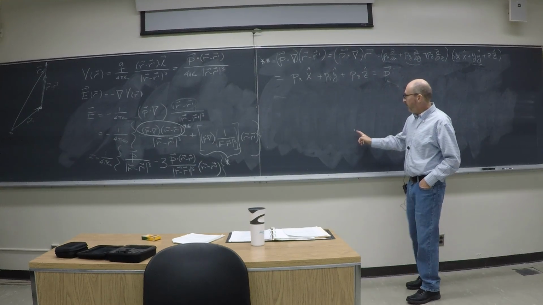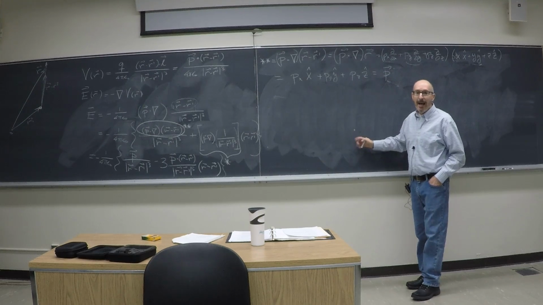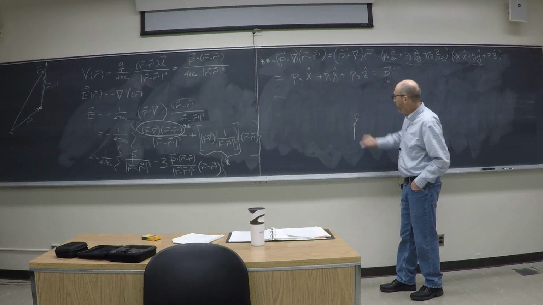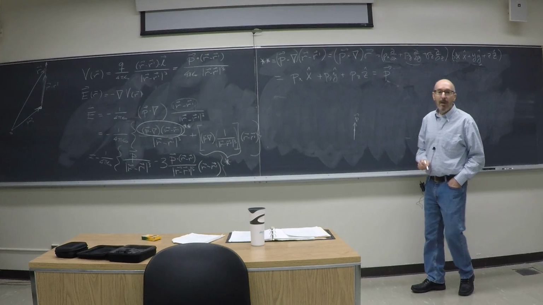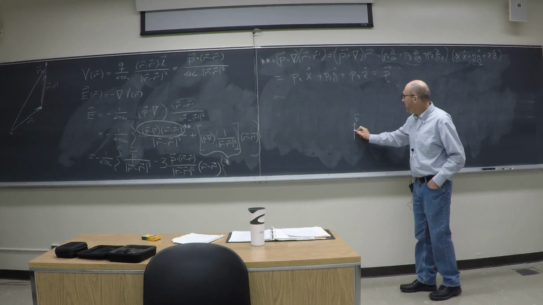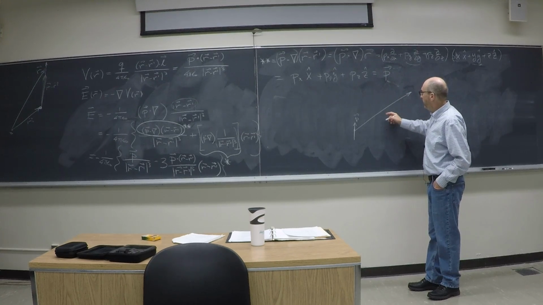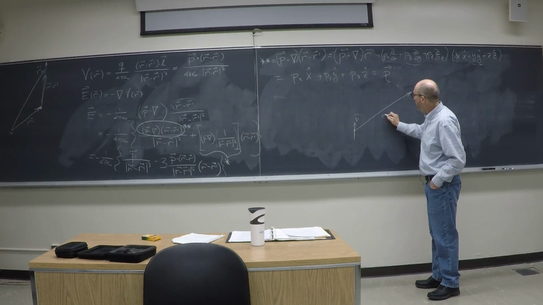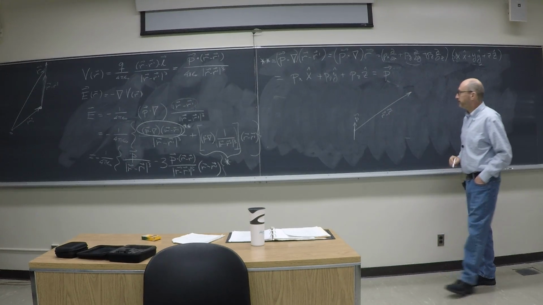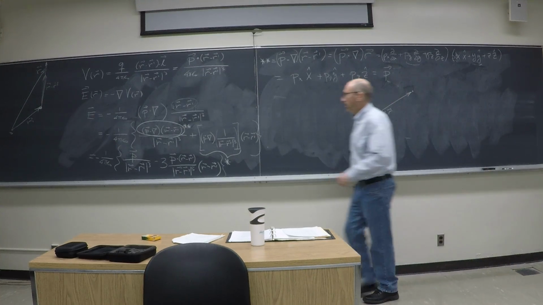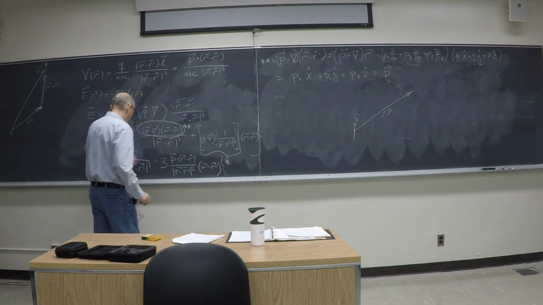Let's say that that is where my dipole is. Okay? And let's say that I'm going to exaggerate. Let me draw the dipole moment like that. Okay? And now I'm going to make an observation somewhere. This, of course, is r minus r prime. So this term is no problem.